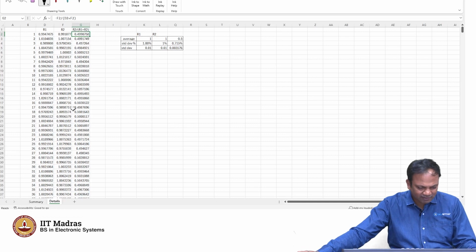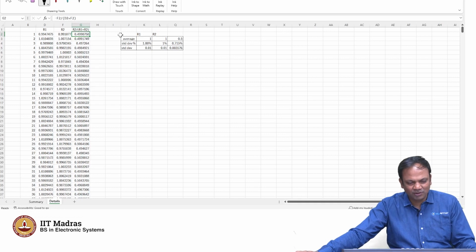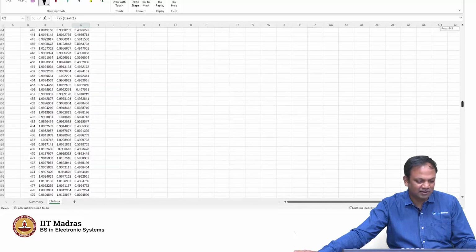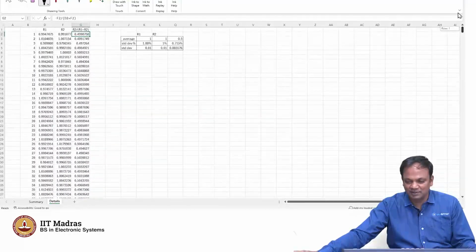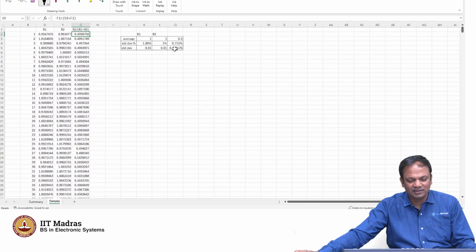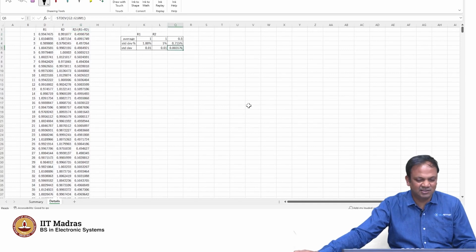So you can see that the values are all around half a volt. Now that I have generated an array of 1000 values for R2 by R1 plus R2, I can calculate its standard deviation. This is just a formula.